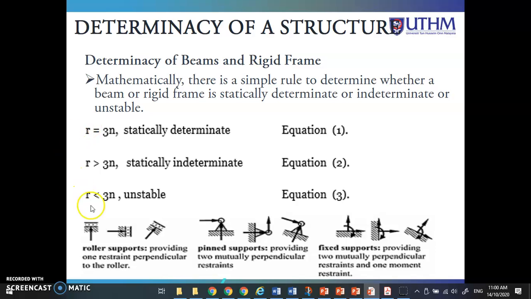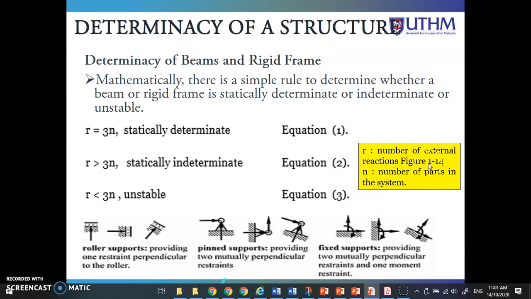Okay, so akan ada tengoklah dia fulfill which equation, which condition. Okay, R kat sini is represent the reaction. And N here is represent the number of part in the system. Okay, so kita dah tahu roller hanya ada satu reaction, pin akan ada dua reaction, fixed support akan ada 3 reaction.